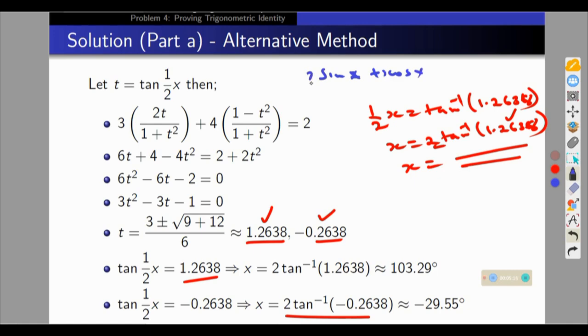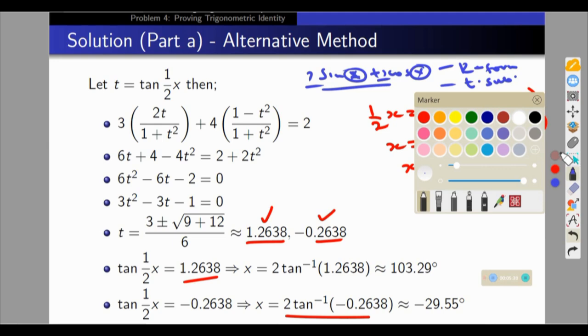No matter the coefficients that you will be having here, so long as the angles are the same for sine and cos, then you can easily use the R expression or R form, and you can also easily use the t substitution. So those are the different cases that we can use to solve such expressions. So that is where we shall stop.